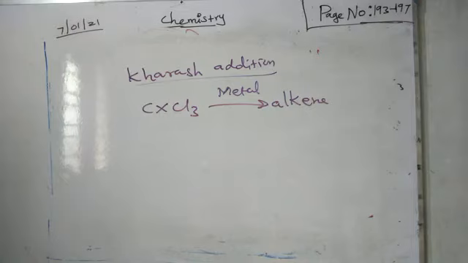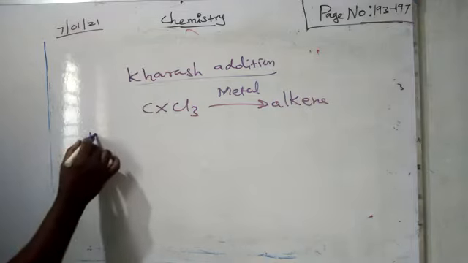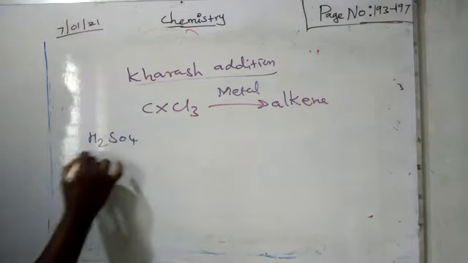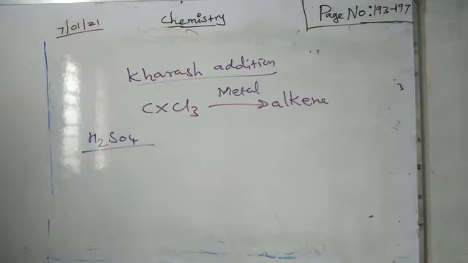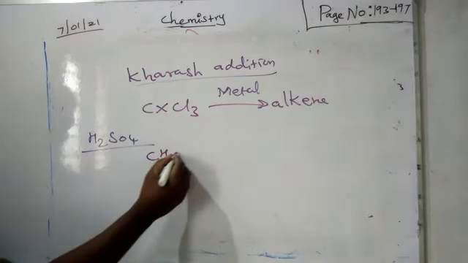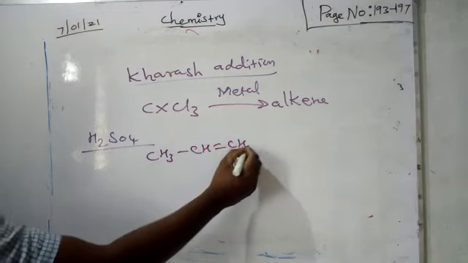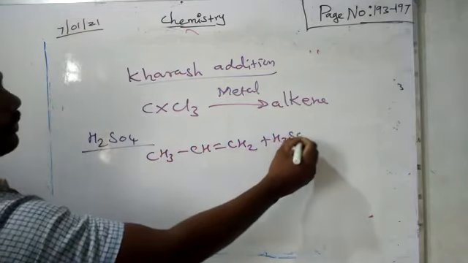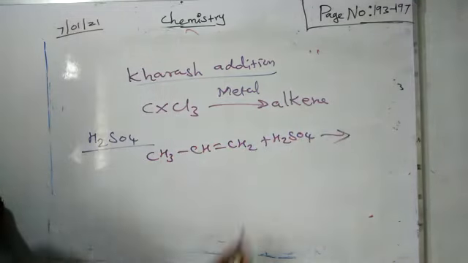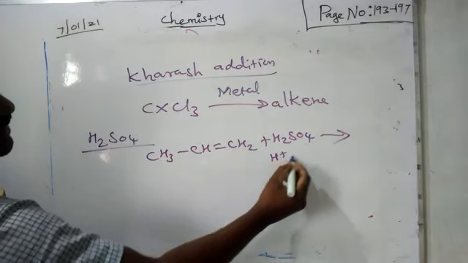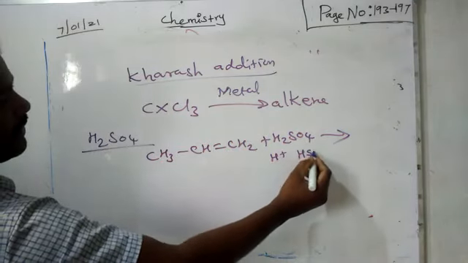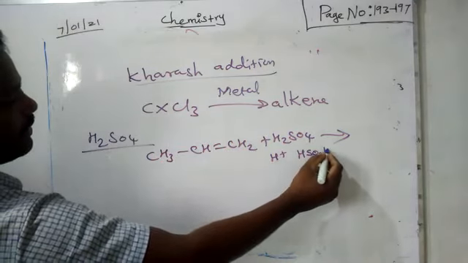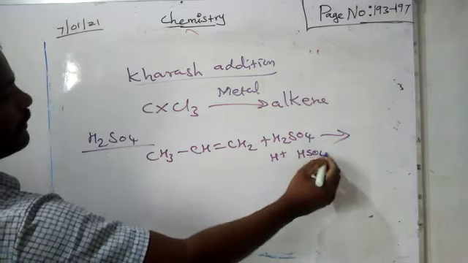Next, alkenes react with sulfuric acid, H2SO4 with alkenes. Propene, same propene, with H2SO4. What will happen? H2SO4 will ionize to H plus and HSO4 minus.